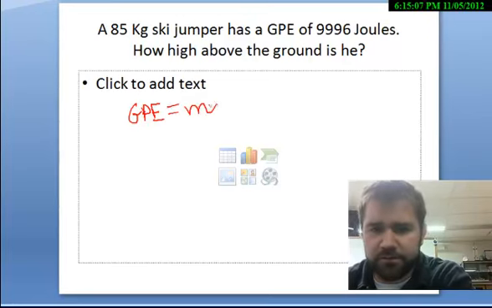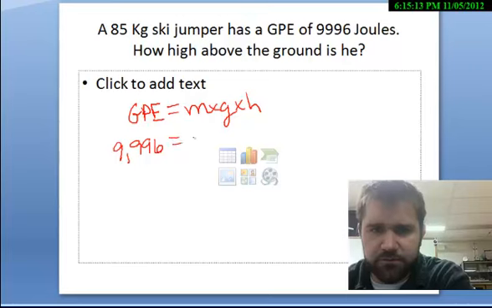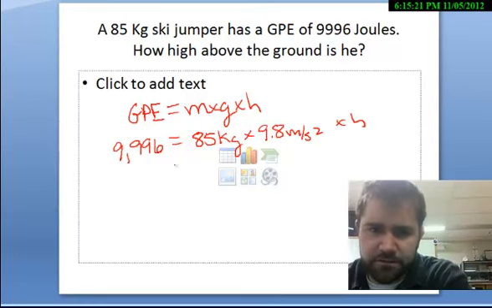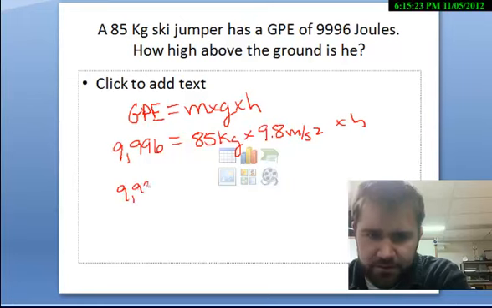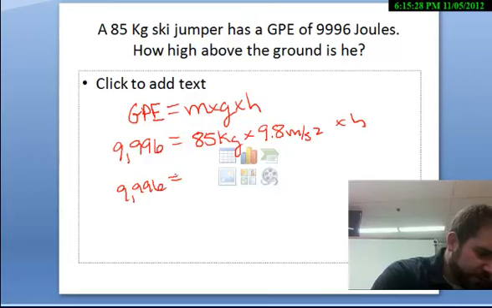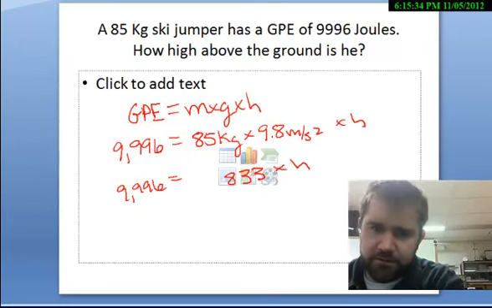So mass times gravity times height. 9,996 joules is equal to a mass of 85 kilograms times an acceleration due to gravity of 9.8 meters per second squared times the height. 85 times 9.8 equals 833 times the height.